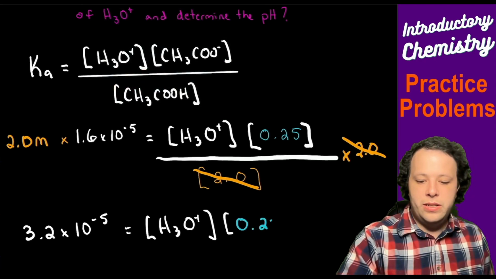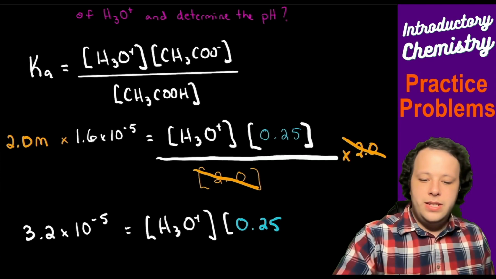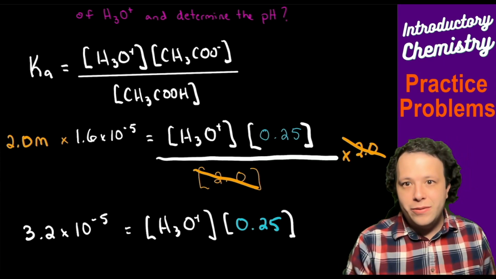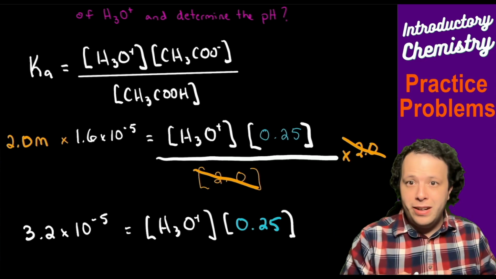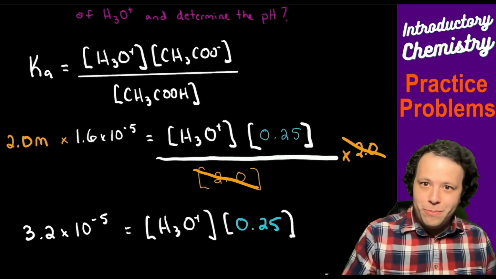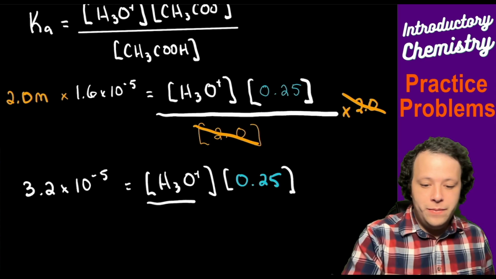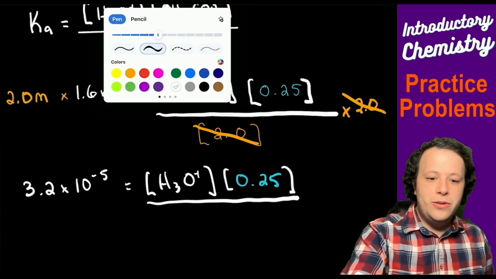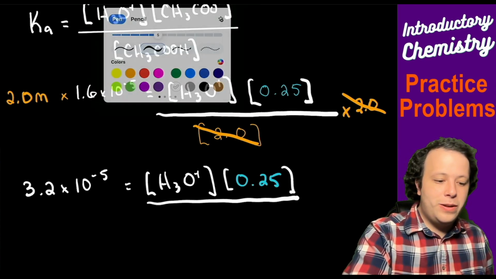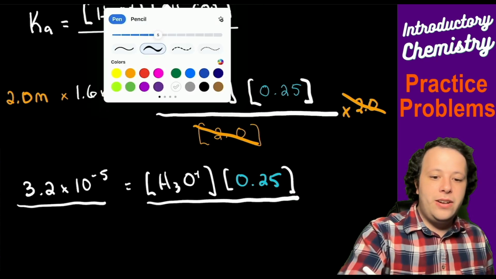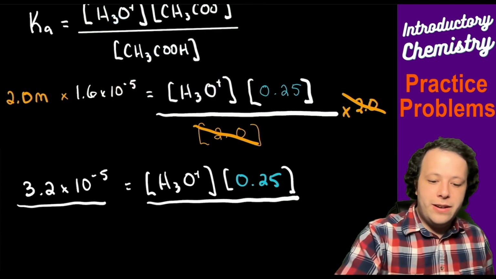That's 0.25. Now, how do we get hydronium by itself? Well, being that they're being multiplied by each other, the way to separate them is by dividing. So if I divide both sides by 0.25, we will get that value by itself.